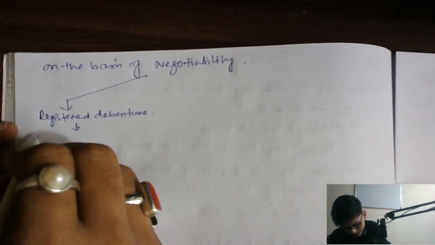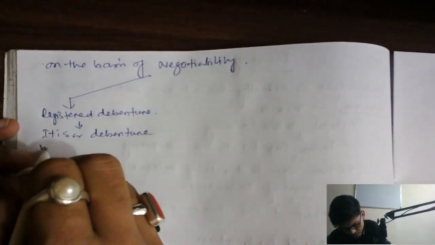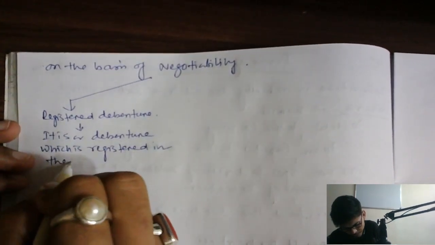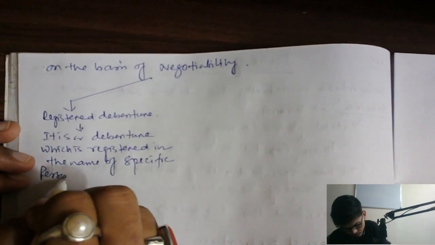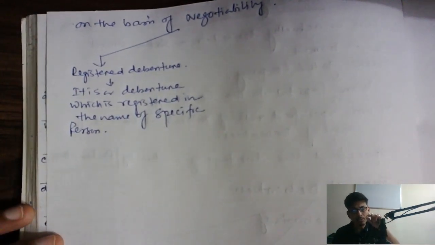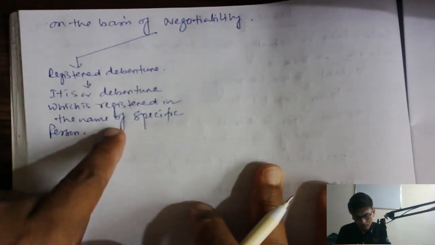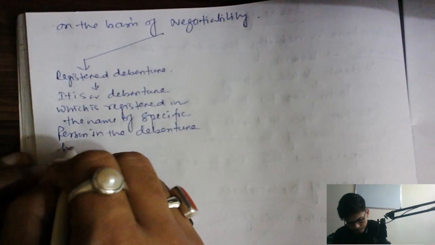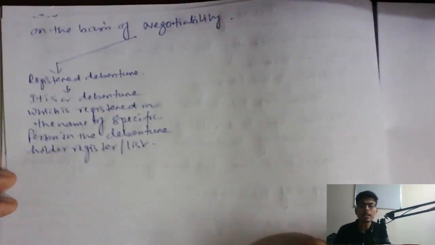It is a debenture which is registered in the name of a specific person, and the debenture interest will be paid only to that person whose name is registered in the debenture holder register or list. These are called registered debentures.